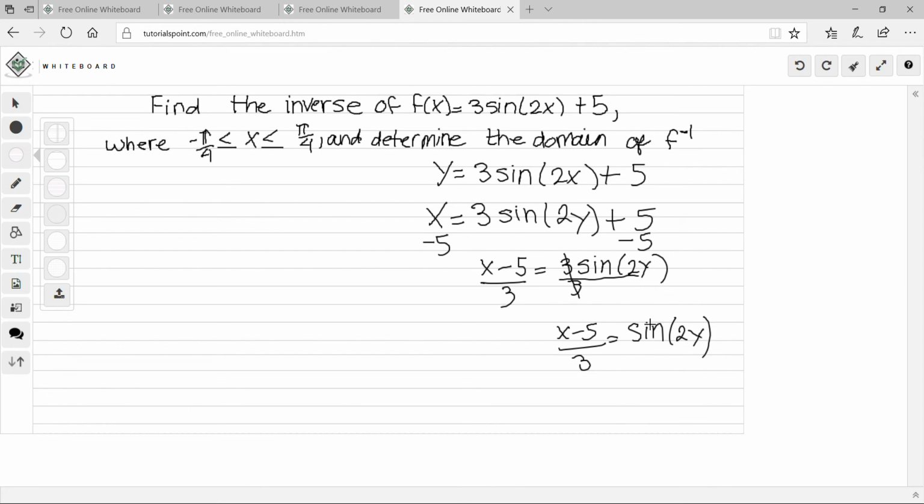Okay, I want to get rid of this sine, so I can do that by applying the sine inverse to both sides, right? So you're left with sine inverse of x minus 5 over 3. The sine inverse and sine cancel, and you're left with 2y. And then you divide everything by 2.